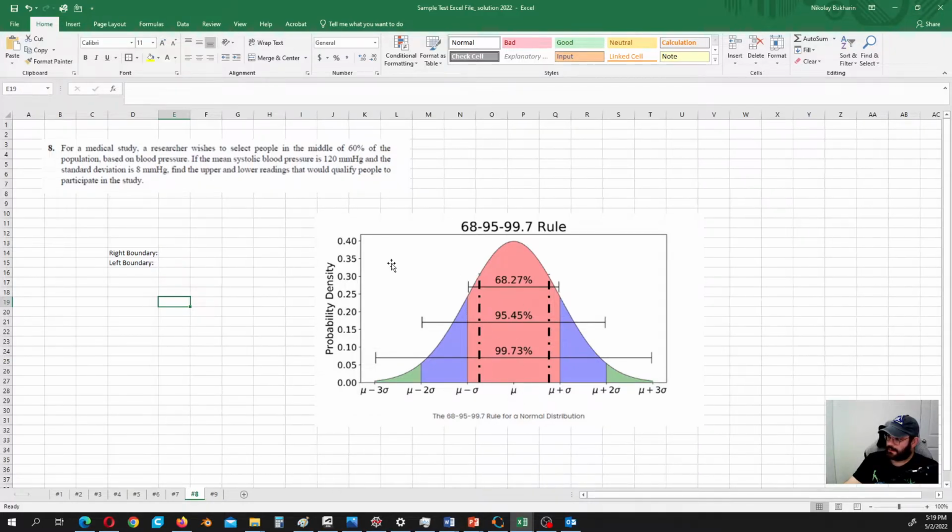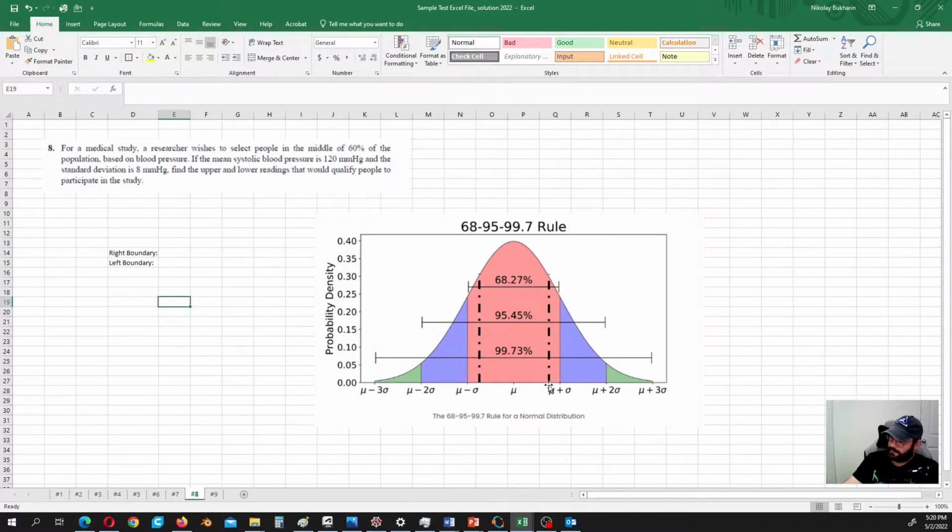And we need 60%, so I just cut that area with the dashed line. So that's what we have: 60% in the middle. That means we have 20% of the area to the left, and we have 20% of the area to the right.